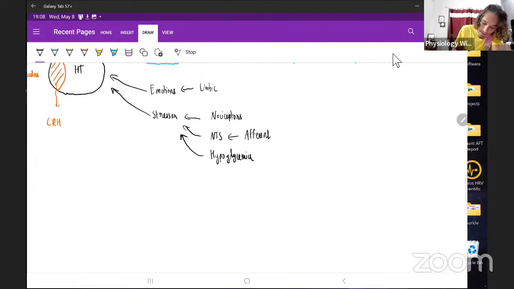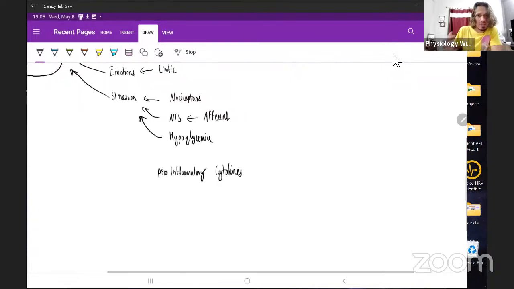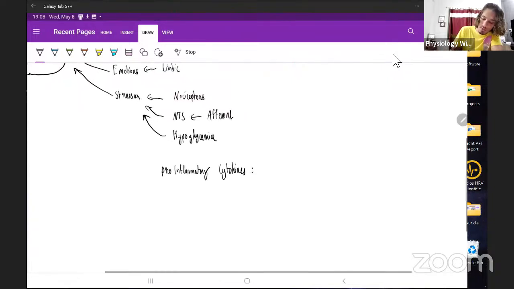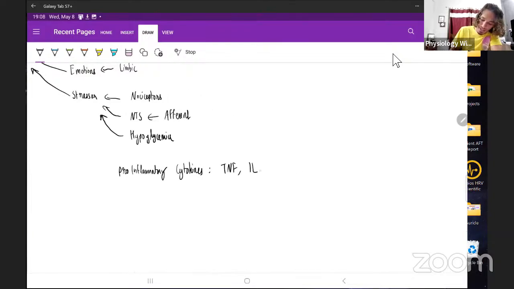Now, beyond this, even pro-inflammatory cytokines. The usual pro-inflammatory cytokines include your TNF. Then we have the interleukins, majorly 1, 2, 6.